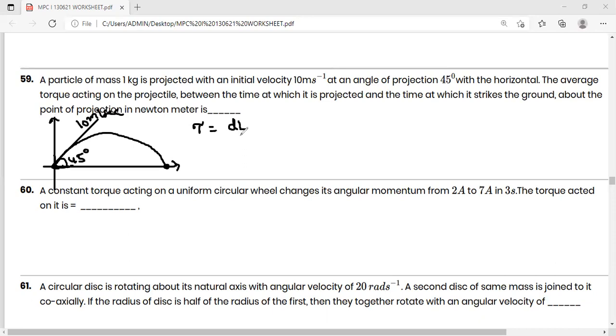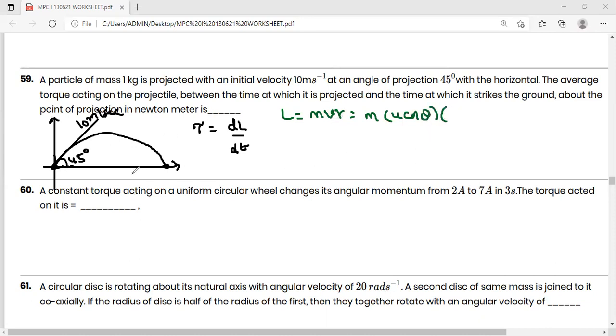Now, in this particular case, to calculate the torque: torque is nothing but rate of change of angular momentum, dL by dt. And the formula for angular momentum will be mvr only. Horizontally from this point to this point, what is the angular momentum mvr? Mass m is to be taken. Velocity only along the horizontal direction, you have to take: u cos theta.